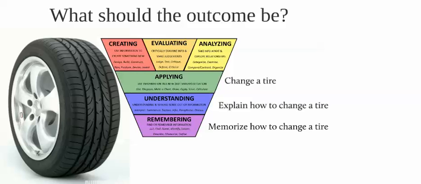But really what I'm probably looking for is applying. I want them to change a tire. I can also get into some of the higher level stuff that may or may not be appropriate for what I'm trying to do. Just because it's higher level doesn't mean that it's appropriate for my class. So I could say something like create a tutorial to help others change a tire. There's a really good chance that if you create a tutorial, you've had to change a tire a few times and gone through the process enough that you're quite good at these lower level parts of changing a tire.